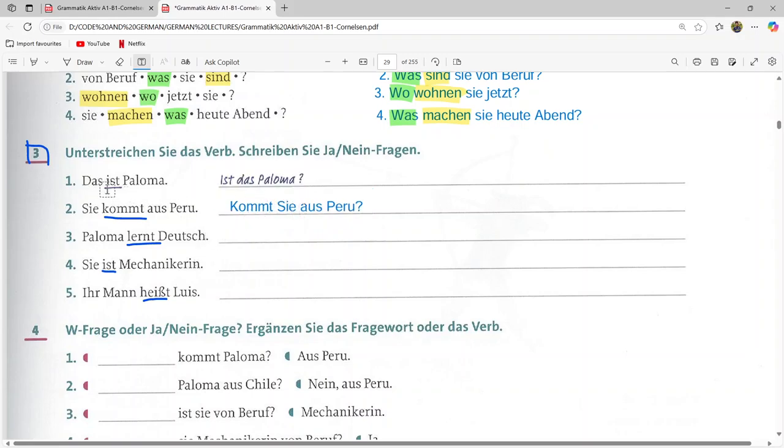Okay, first one. Das ist Paloma. Ist das Paloma? Now, lernt Paloma Deutsch. So lernt Paloma Deutsch? Done. Ist sie Mechanikerin?